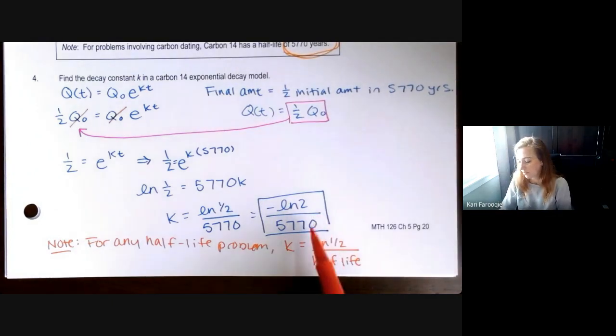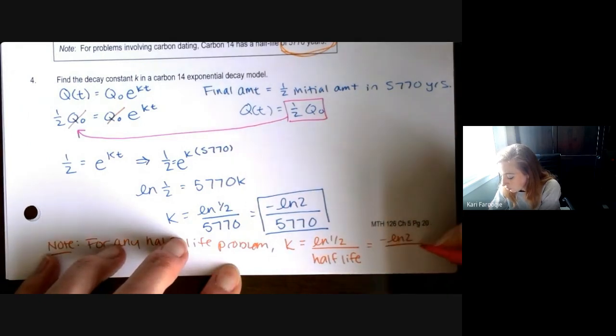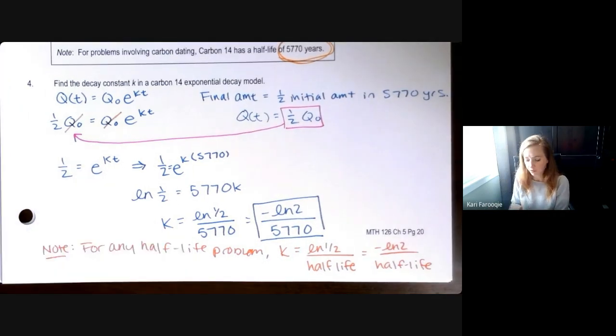Okay, so that works here. Or you could say it's negative ln 2 over the half-life if you like that better. You decide. So you can always use that as you're working through your homework if you'd like, although I do think it's good to see where it comes from.